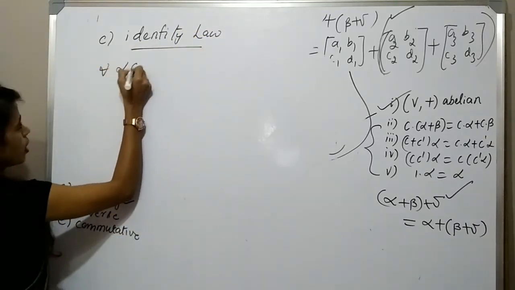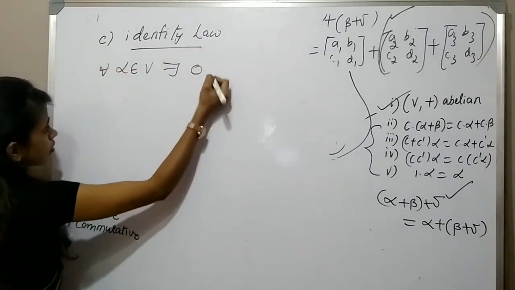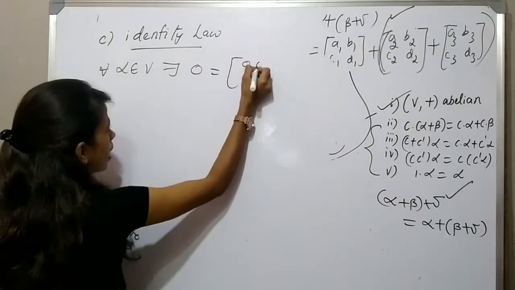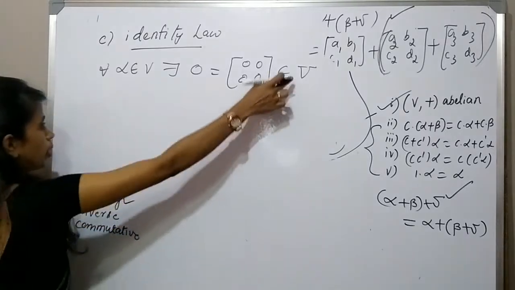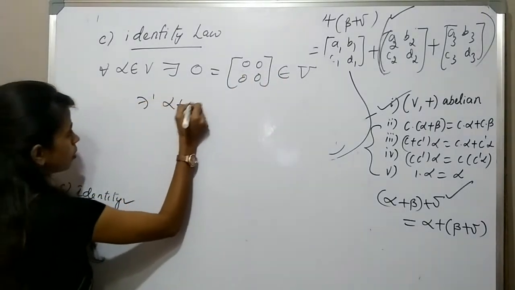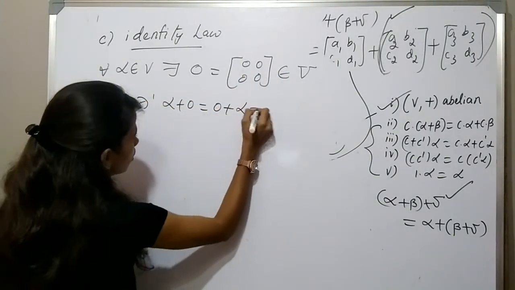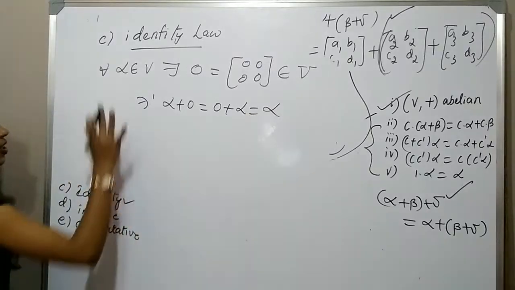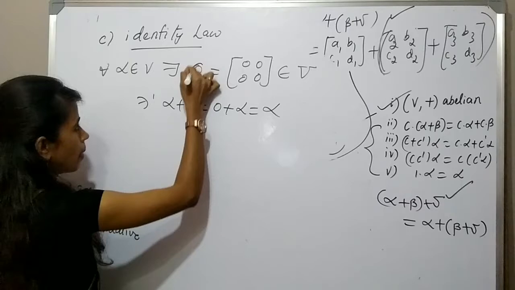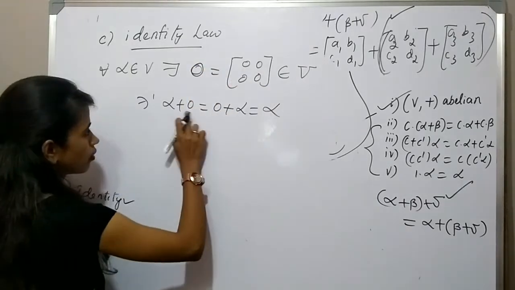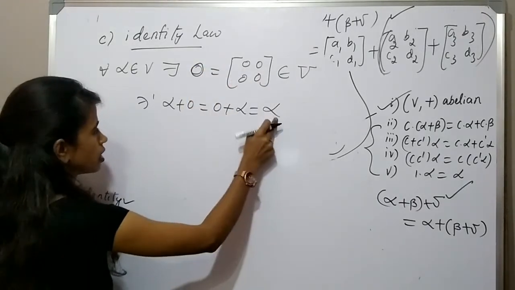So for alpha belongs to B, there exists 0, that is the null matrix, which is in the 2 by 2 matrix, therefore belongs to B, such that alpha plus 0 or 0 plus alpha is again alpha. Just write in the exam like this: for all alpha belongs to B, there exists 0, that is null matrix, belongs to B, such that alpha plus 0, 0 plus alpha, is equal to alpha.